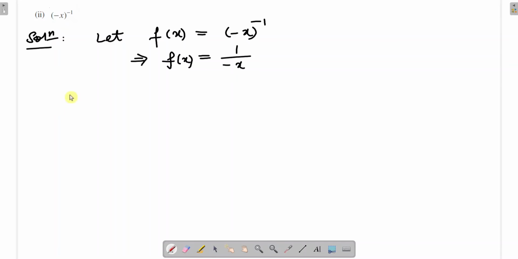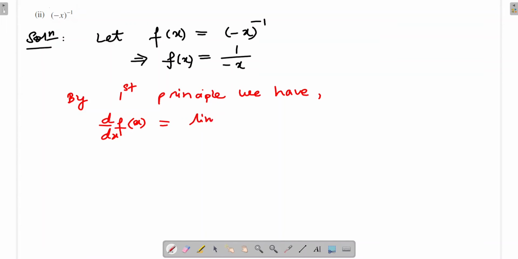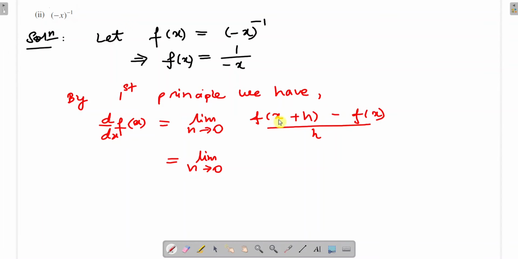Now by first principle, you have to find the derivative of this function f(x). So by first principle, we have the derivative of f of x, which is equal to limit h tends to 0 of f(x plus h) minus f(x), and that is divided by h. This will be equal to limit h tends to 0, f of x plus h will be what?